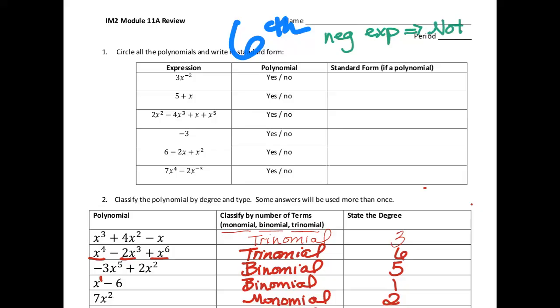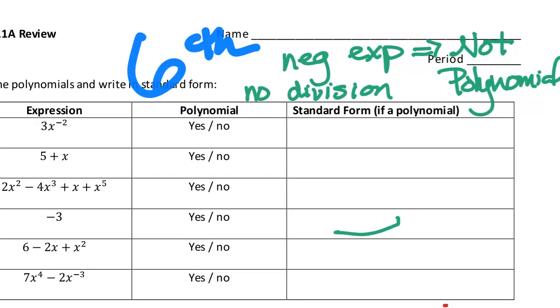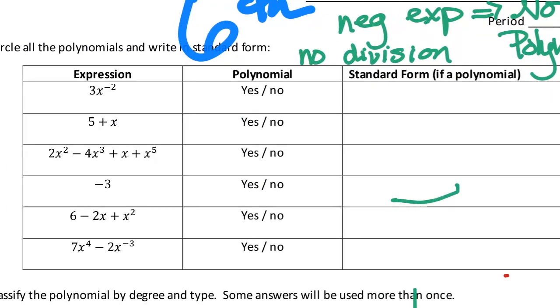What else gives you something that is not a polynomial? Also, when you divide, there is no division with a polynomial. Okay? So looking at the first one, 3x to the -2nd. Is that a polynomial? Survey says polynomial? It is not. It has a negative exponent.